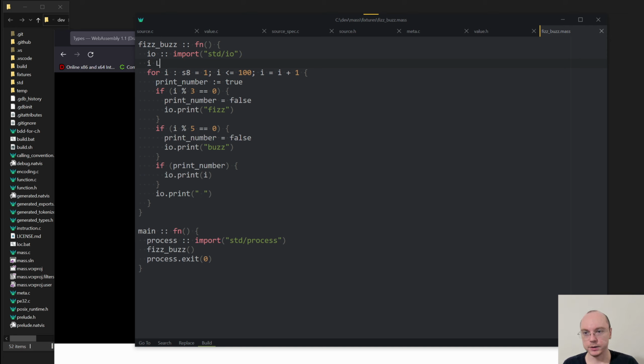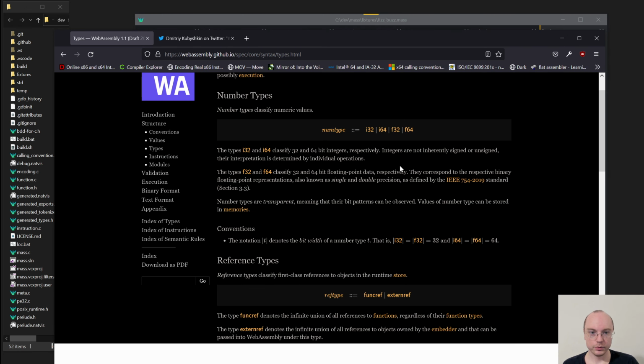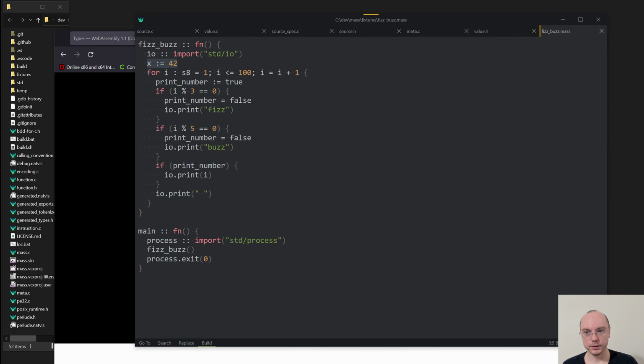Now there is still a question of what is going to happen when you do the stuff that we talked about, right? So if I do x is 42, well, in this case, it will actually just keep being this type of I64. So it will not convert to a signed number.